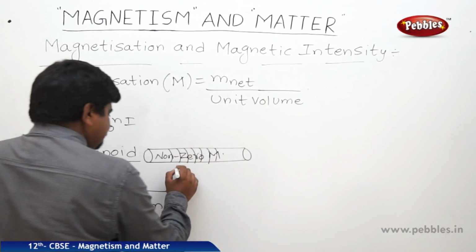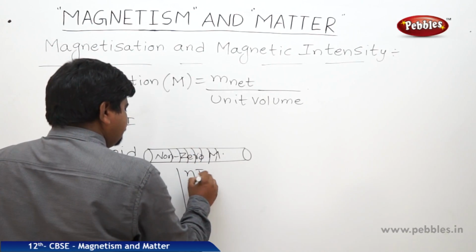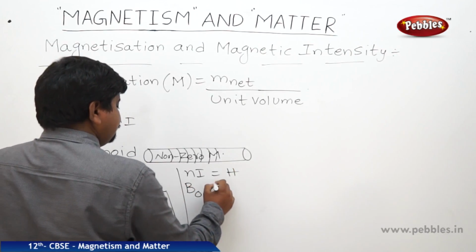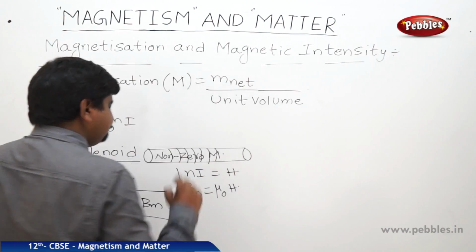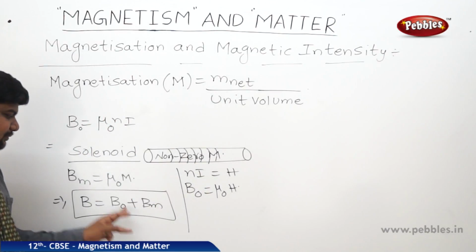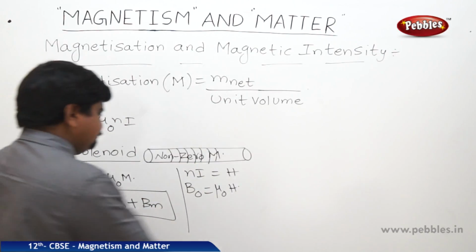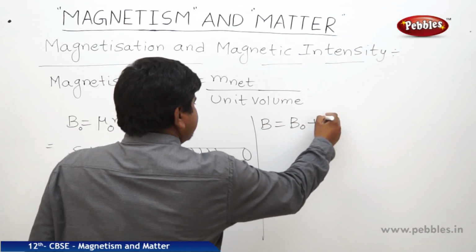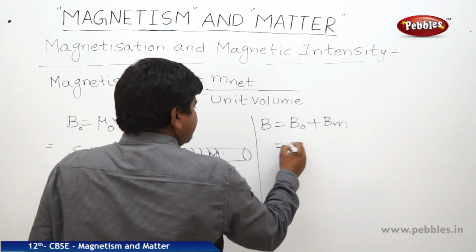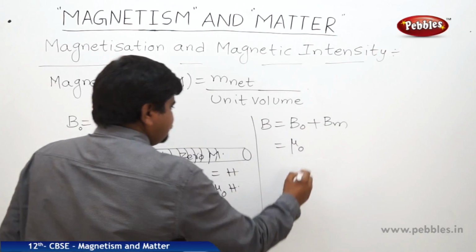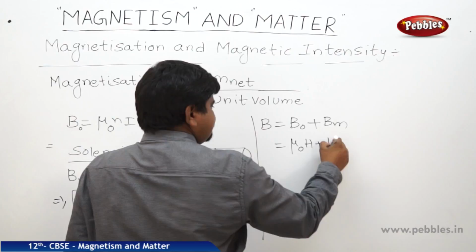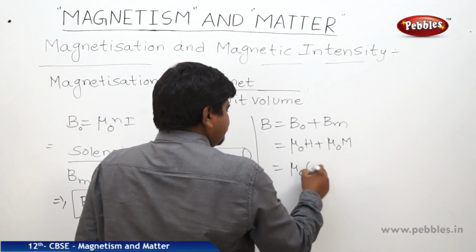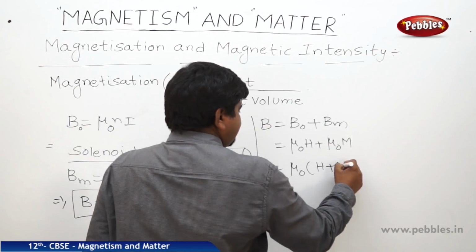We can write N i as H. Therefore, B naught is equal to mu naught H. So B is equal to B naught plus Bm, which is mu naught H plus mu naught M. So we can write mu naught into H plus M.